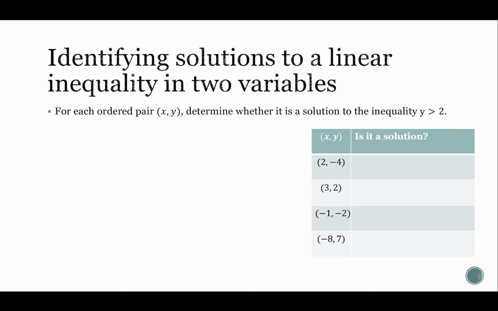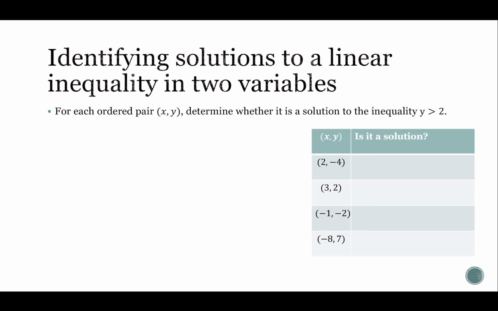So what I want us to do first is identify solutions for linear inequalities in two variables. Here I have a table, and for each ordered pair, I want us to determine if the ordered pair would be a solution.